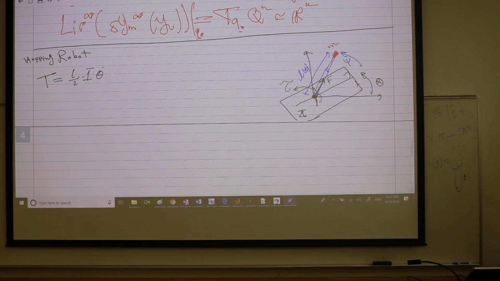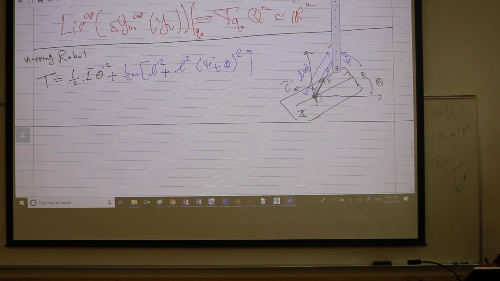It's 1/2 I theta dot squared for the body, and the arm is massless, so just I have the mass up there. 1/2 m, L dot squared plus L squared, psi dot plus theta dot squared, plus 1/2 I omega squared. Okay, so this is my kinetic energy.